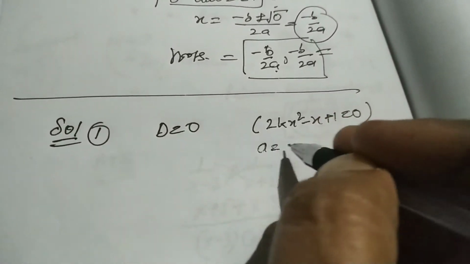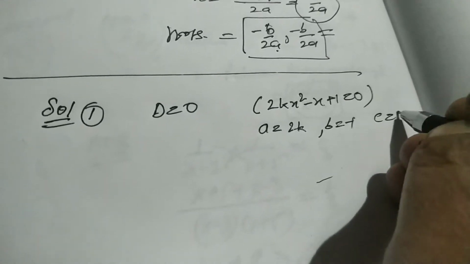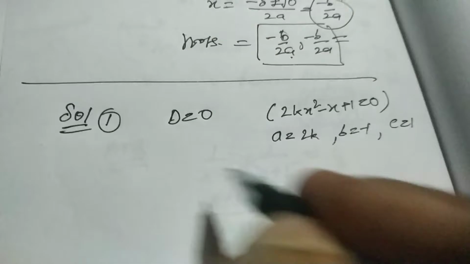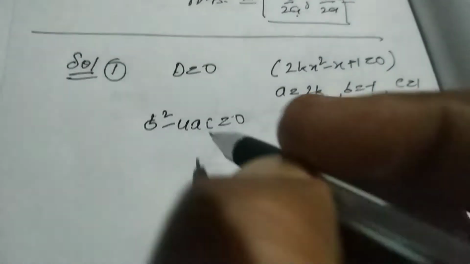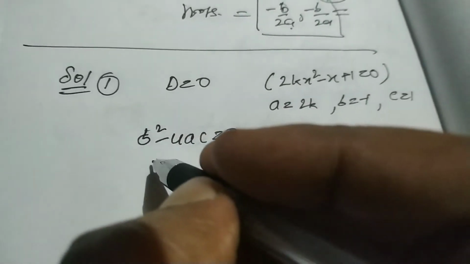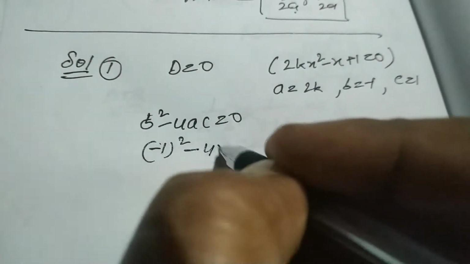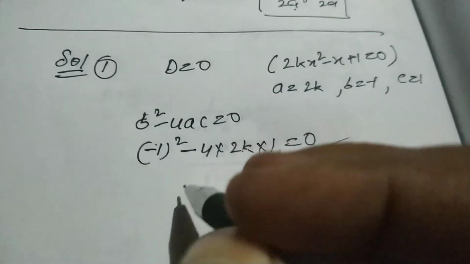So a is 2k, b is −1, and c is 1. So D is equal to b² − 4ac is equal to 0, and b is −1 squared minus 4, a is 2k, and c is 1, is equal to 0.